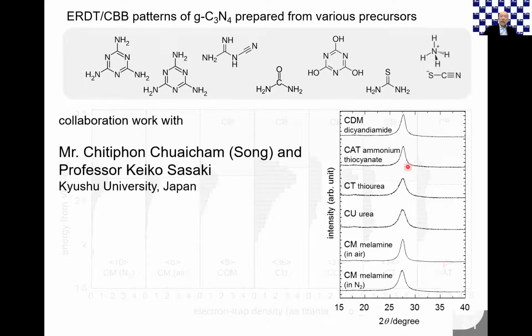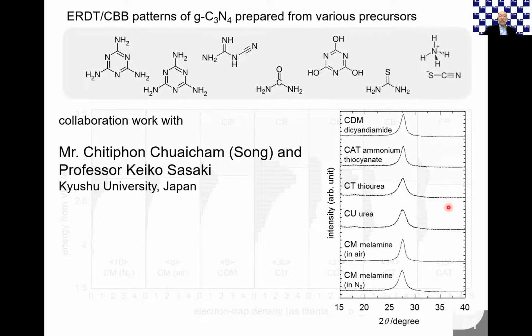This is the XRD pattern of carbon nitride prepared from different precursors. The XRD pattern doesn't give any important information on the structure because the bulk structure is not so different.